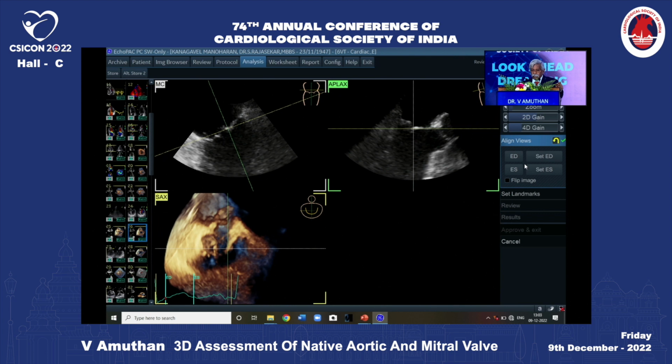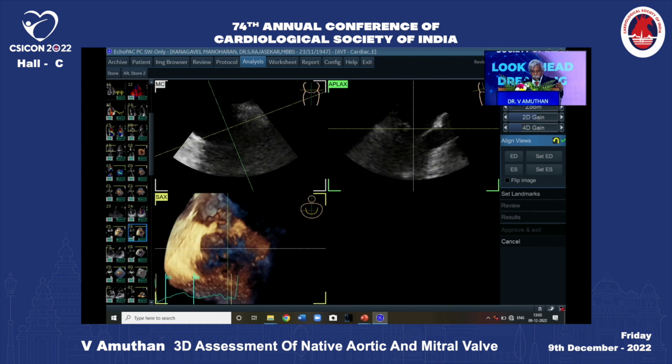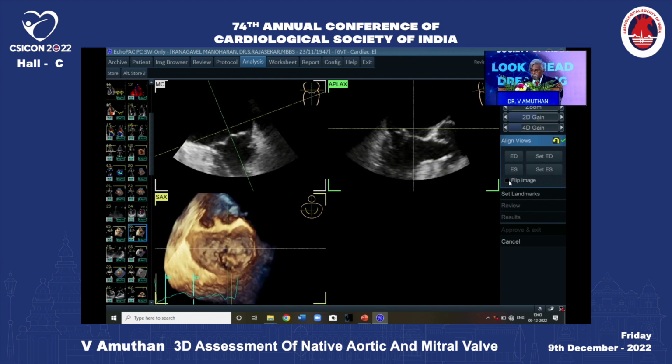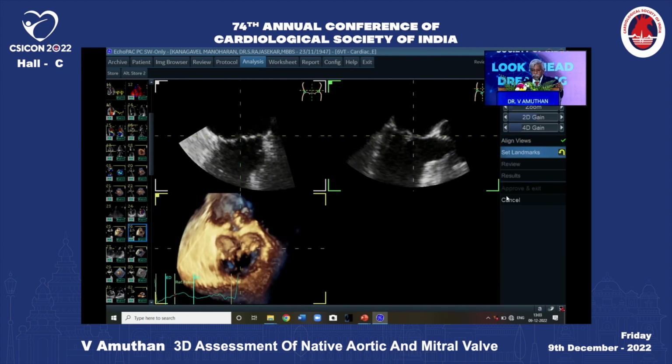And at end diastole, you have to set the end diastolic frame. You can move the frame a little more. Then set the end systole similarly, and then go for setting the landmarks.